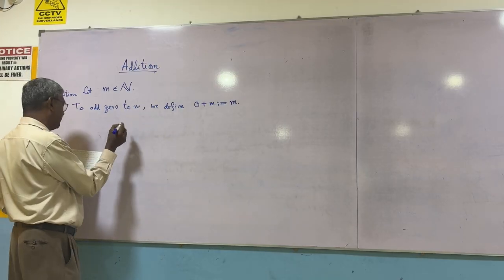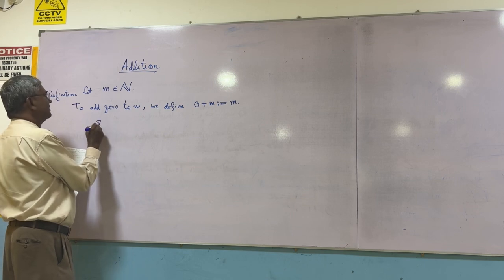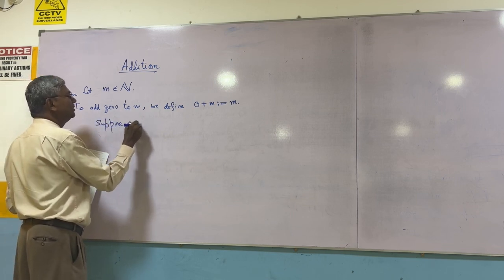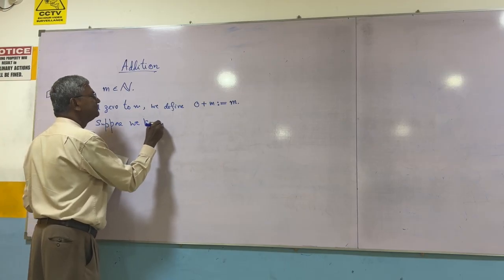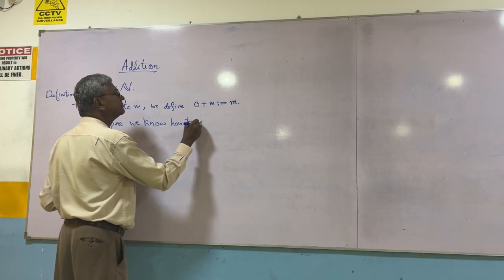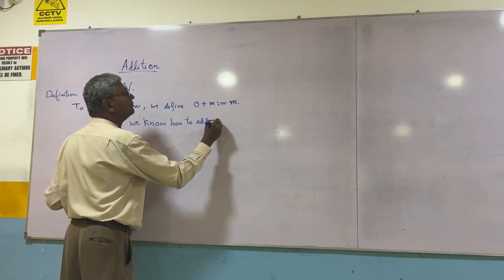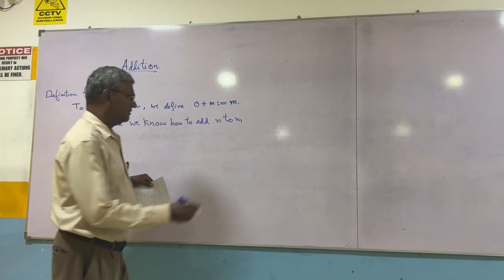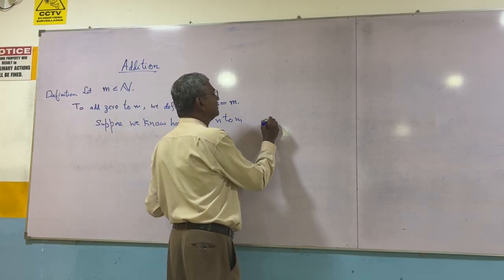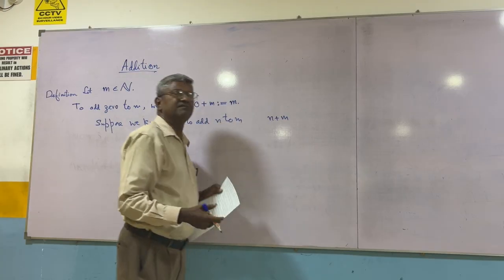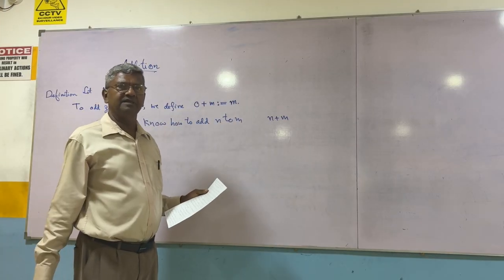Suppose we know how to add N to M. That means, in other words, we know the answer for this, how to do it.